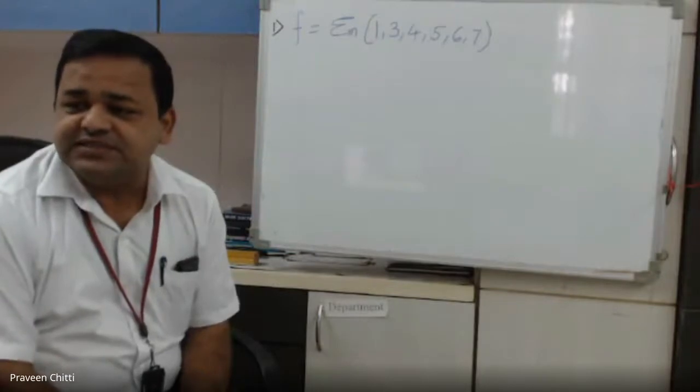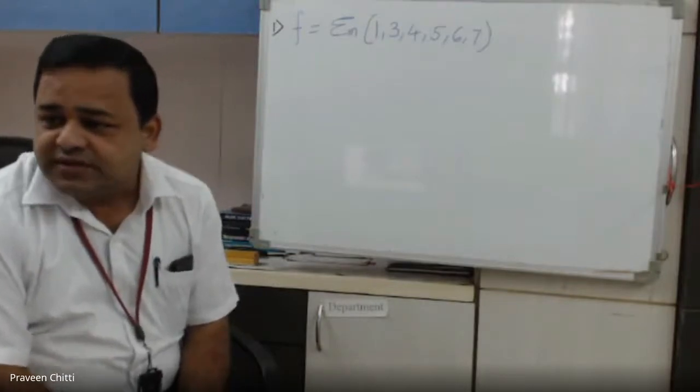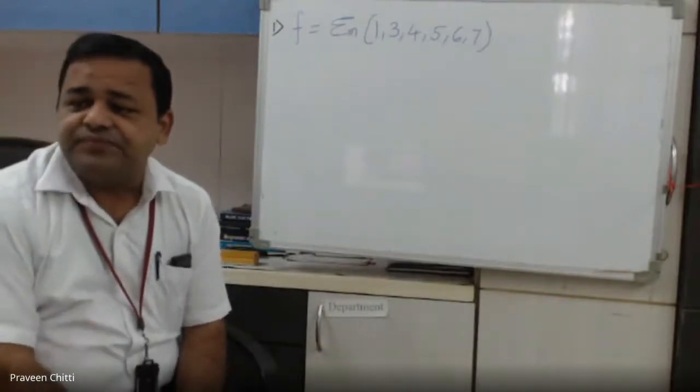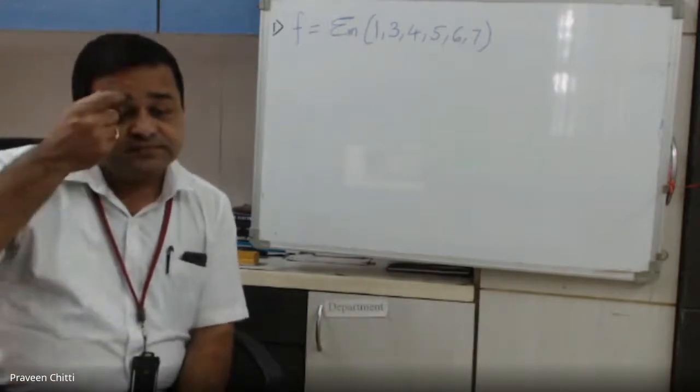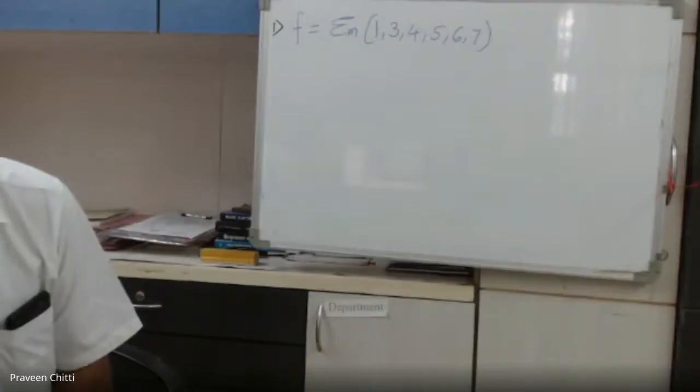So read that expression, what is written on the board. Yes, Akshata, can you read it? F equal to summation m of 1, 3, 4, 5, 6, 7.